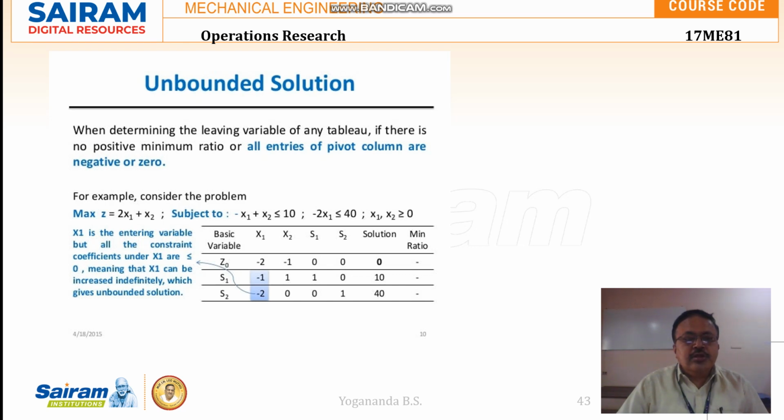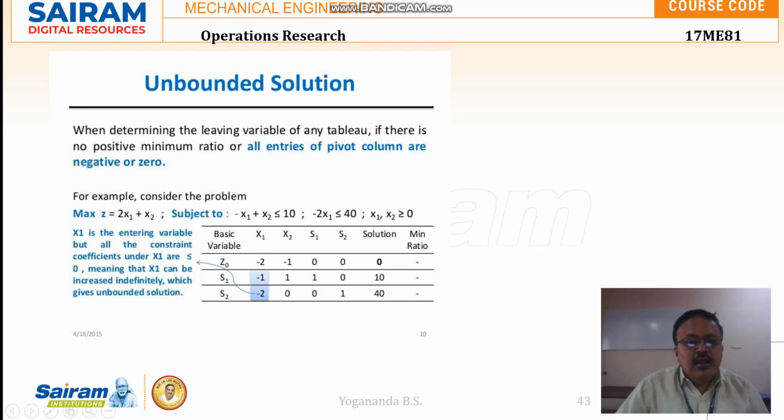When we are finding the table iterations, when there is no positive minimum ratio, or all the entries in the pivot column are negative or 0. So for this particular example, if we take x1 as the entering variable, but all the constraint coefficients under x1 are less than or equal to 0.